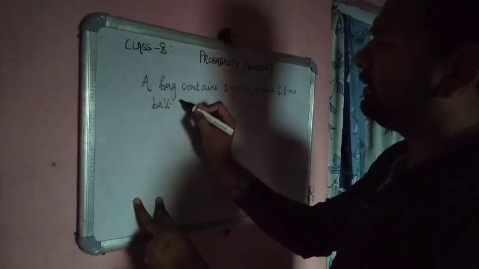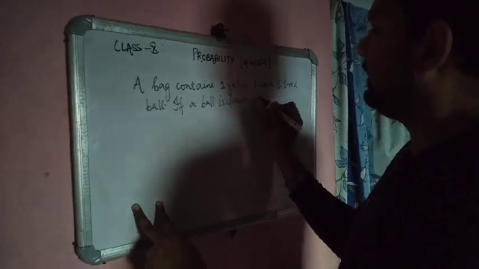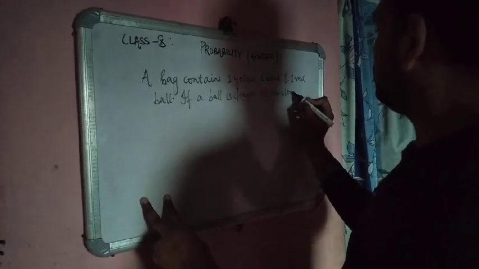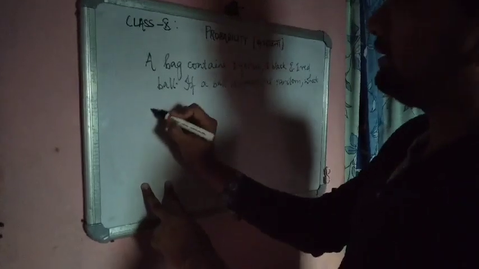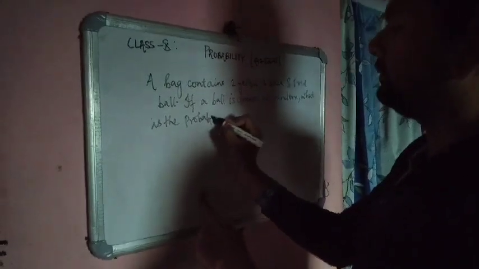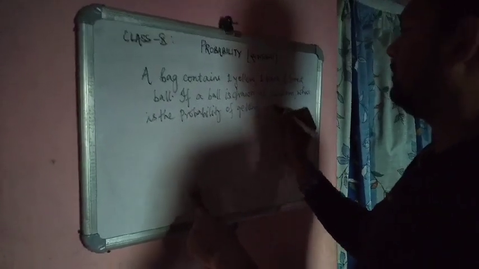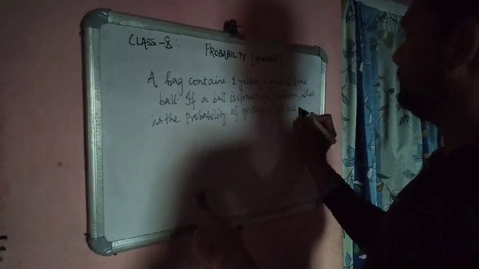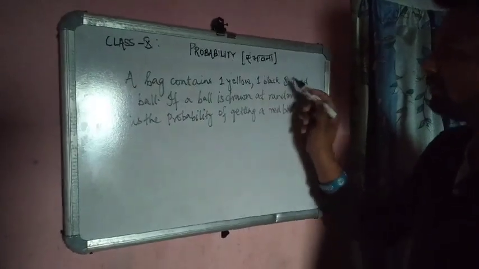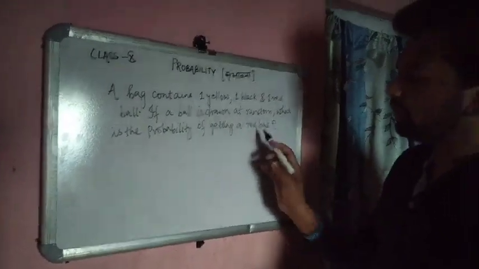If a ball is drawn at random, what is the probability of getting a red ball? Now what are they asking? In total we have how many balls? One yellow, one black, one red ball in a bag. If you take out one ball at random, what is the probability that you will get a red ball?